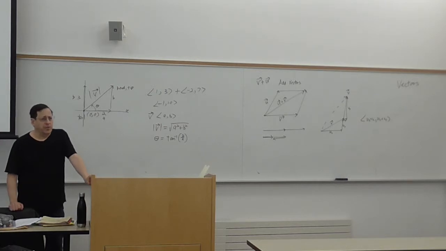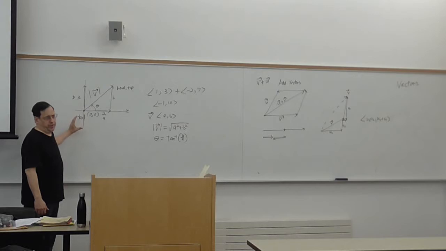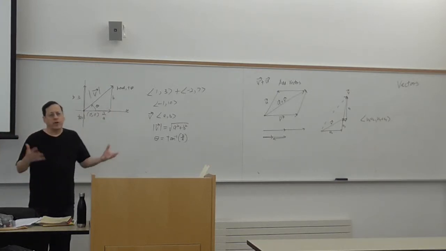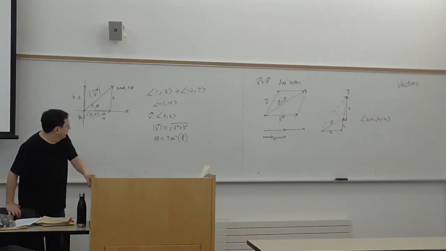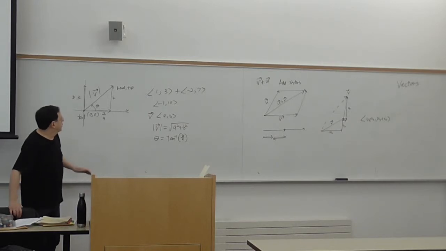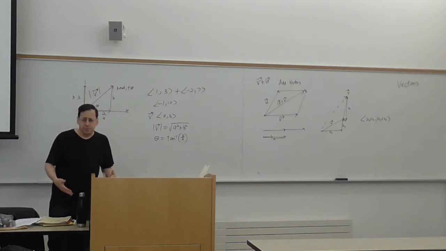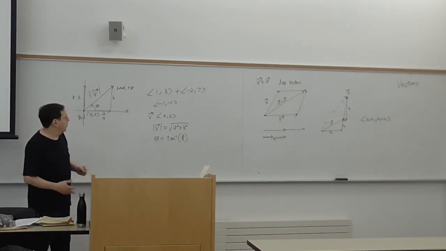But to a mathematician, this is one type of vector. There's a broader category of things that are vectors. And what's important is not so much how we represent it, but how they operate. I'm going to be more explicit about what I mean by how they operate.